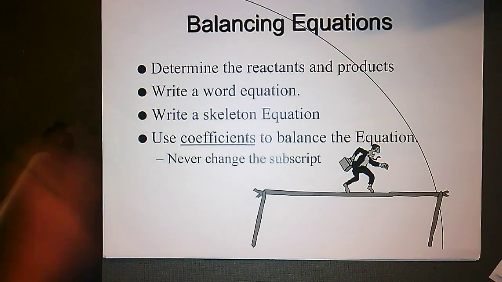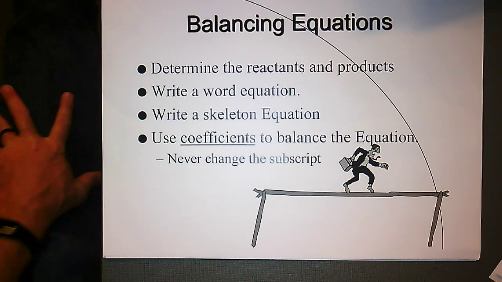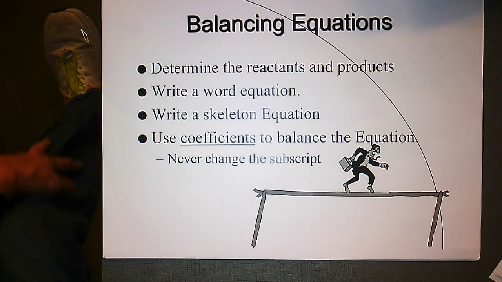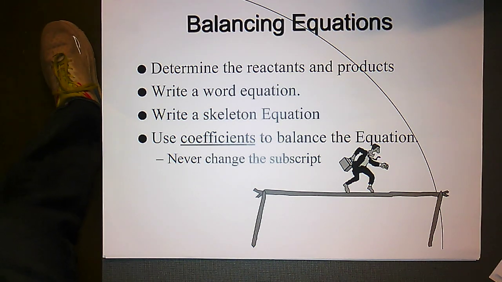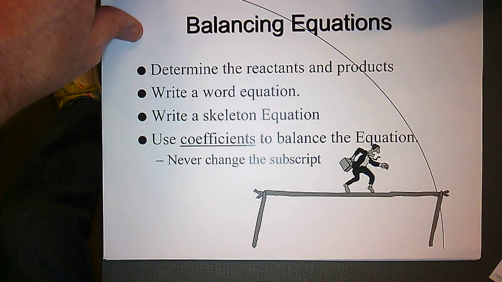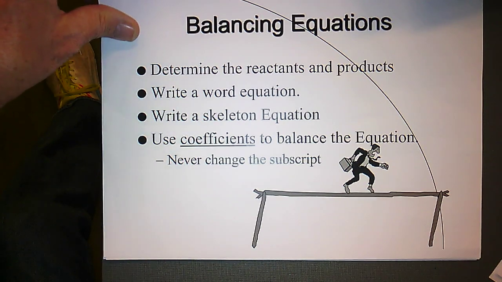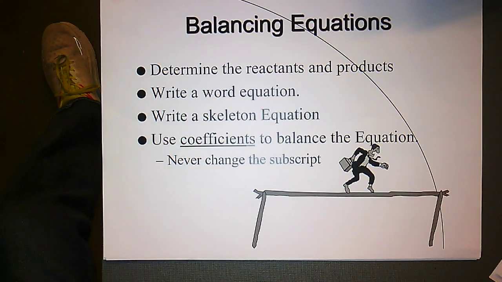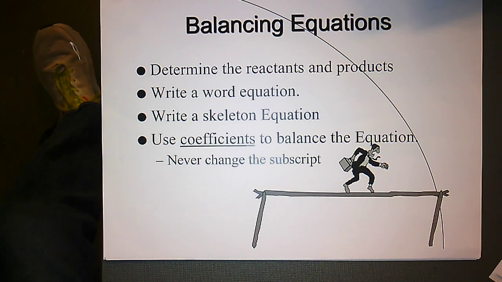And then writing the skeleton equation, and then use your coefficients. All right. Now, this next slide I'm going to show you, you do not need to write it all down. I just want you to write out the examples. I'm going to talk about it, but, oh, I see pencils still moving. If I go too fast, just say, hold up.